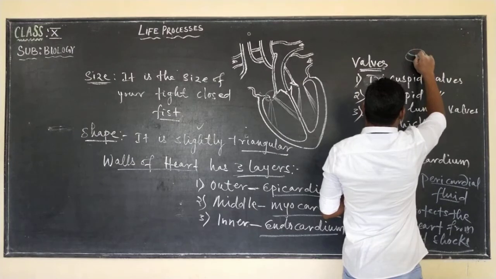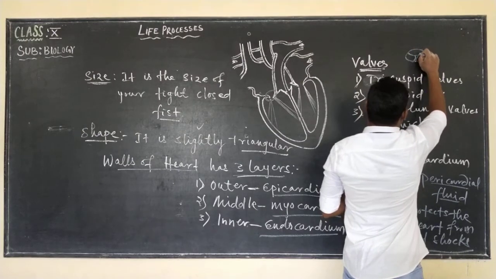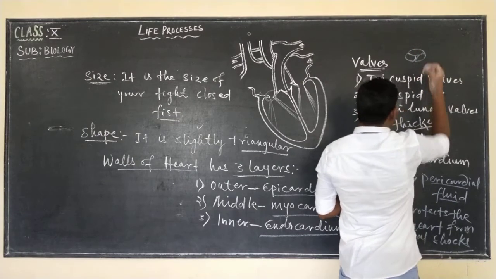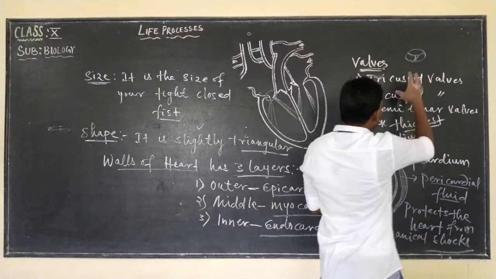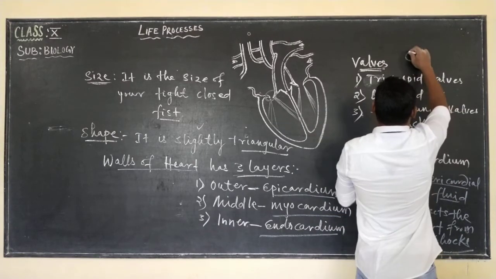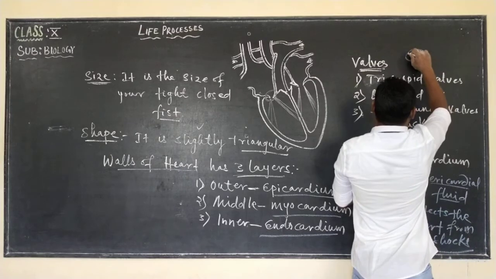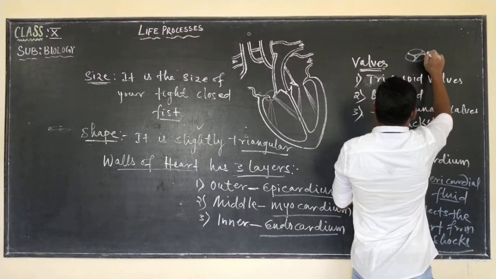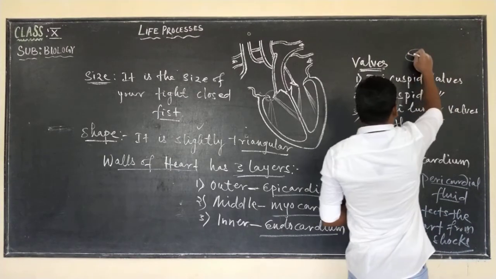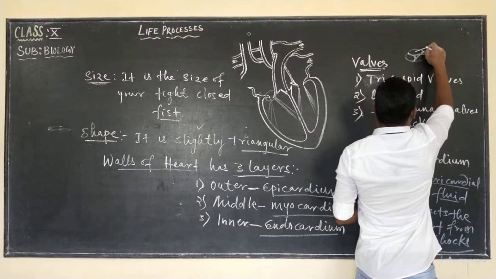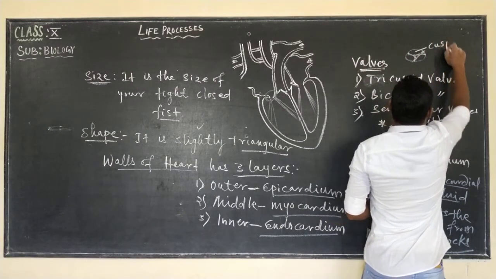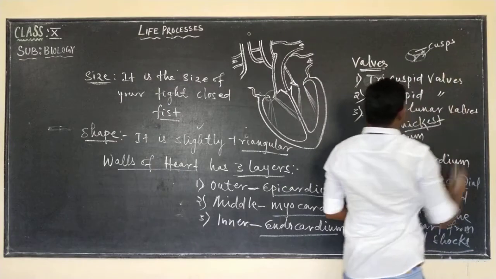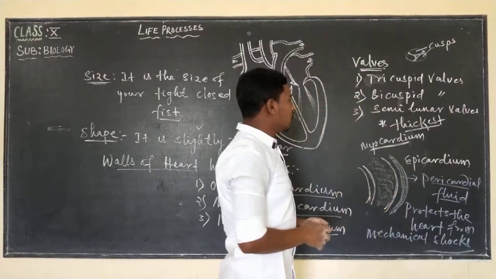It has three cusps. Here is one cusp, this is another cusp, and this is another. So there are three cusps. This is known as the tricuspid valve.